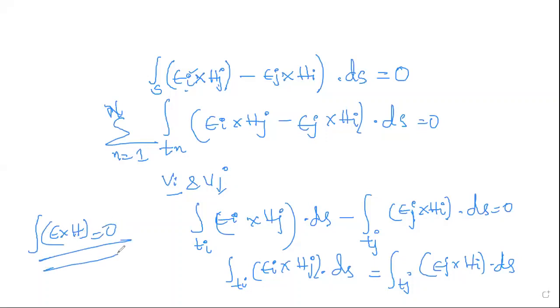So this is what the Poynting theorem says. In terms of electric and magnetic fields, the Poynting vector E cross H over a closed surface integral is equal to 0. So if you consider that equation and compare it with your previous equation, the Lorentz equation, how can I write the Lorentz equation?